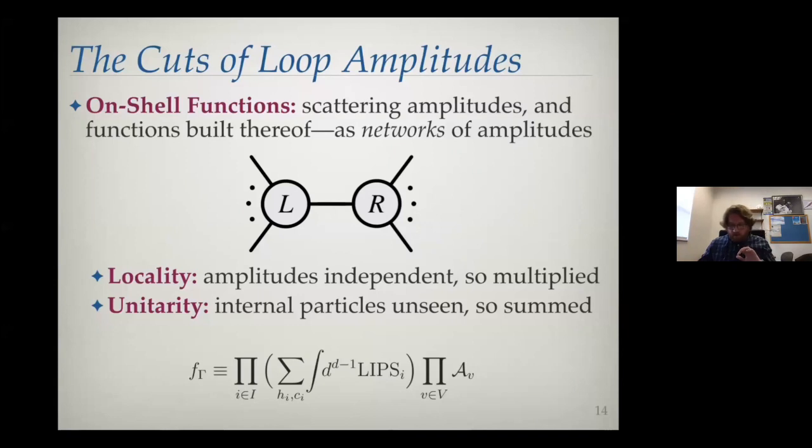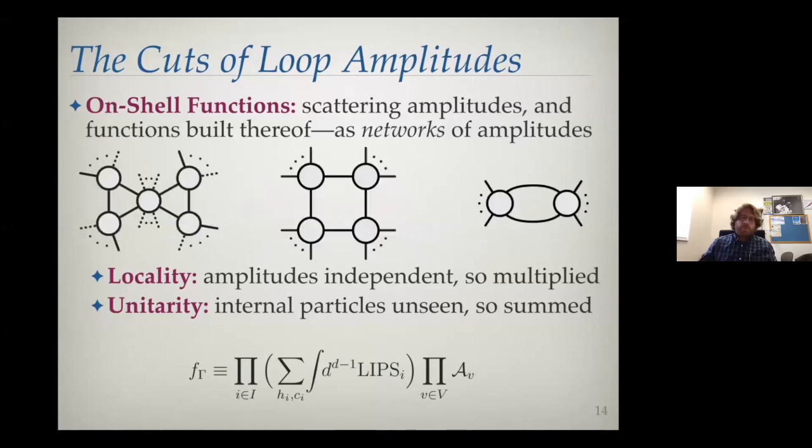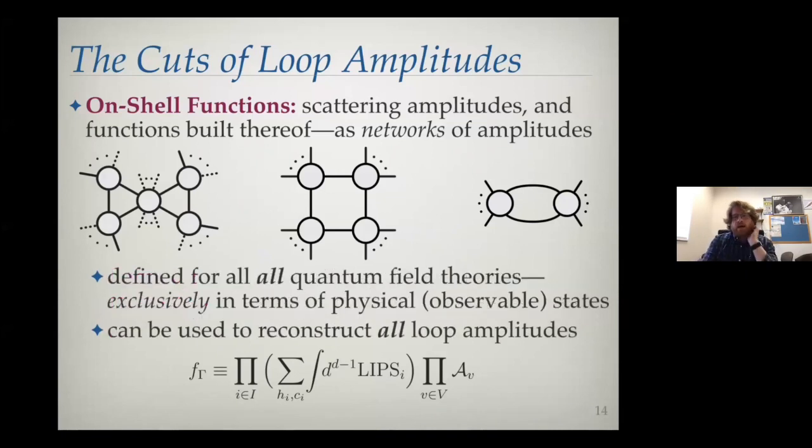And from this definition, it generalizes not just to a factorization channel like the picture there, but really to any network of tree-level S matrices. It has been known for a long time that this physical on-shell data suffices to reconstruct all scattering amplitudes in all quantum field theories. It encodes the information of the full perturbative S matrix.